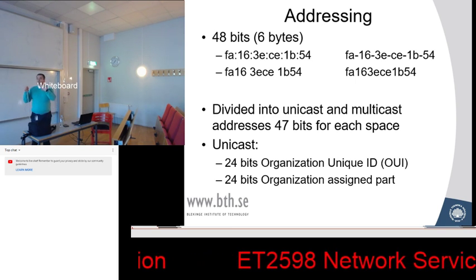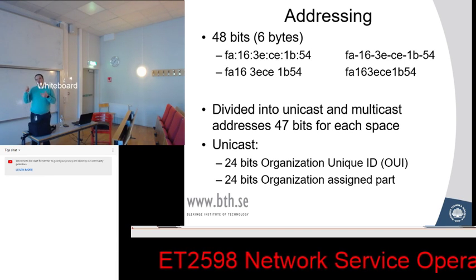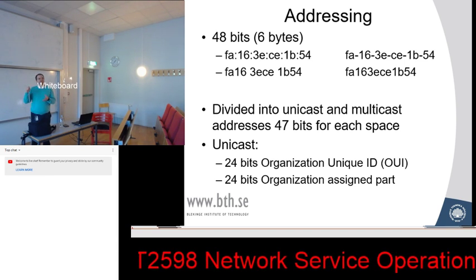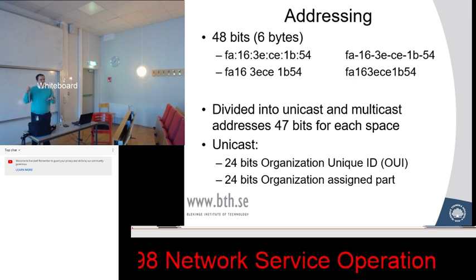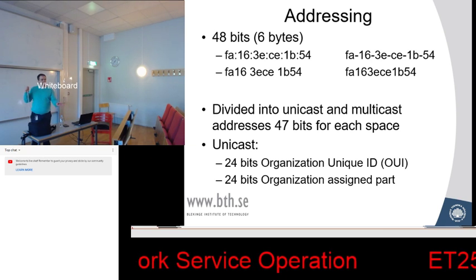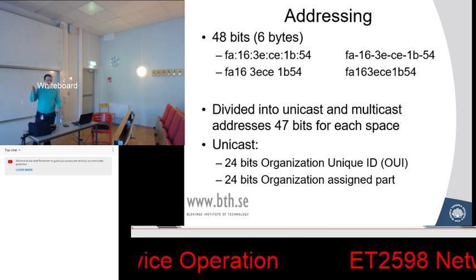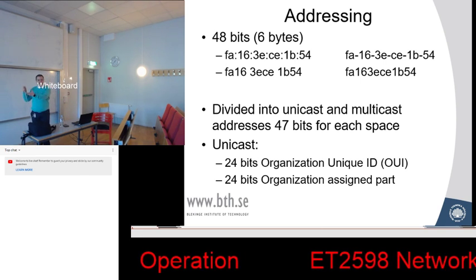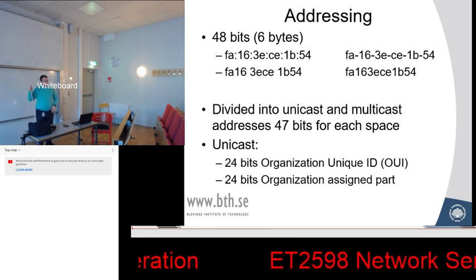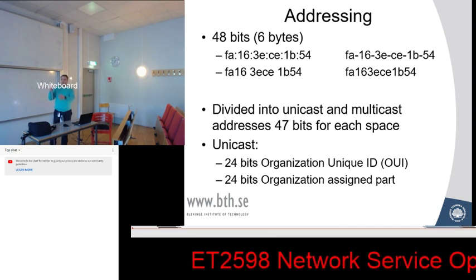By doing it like this, we should not have any address conflicts on the devices that are handed out or manufactured. It should not happen because they are controlled. Things become a little bit complicated when we go to virtualized scenarios.